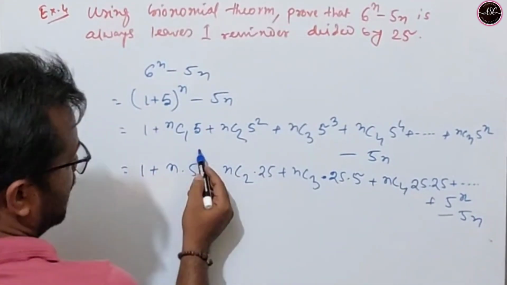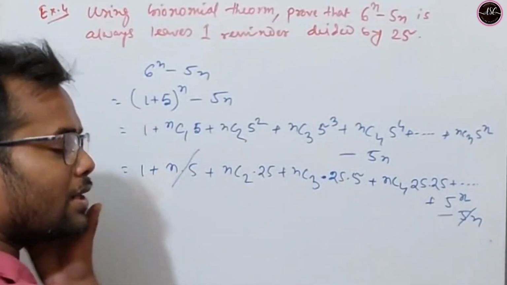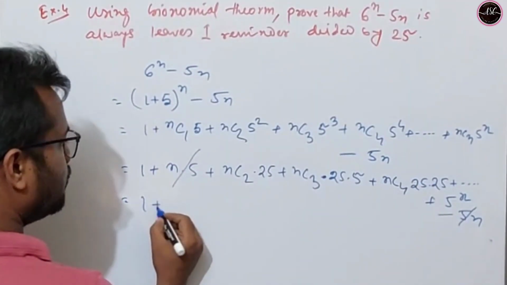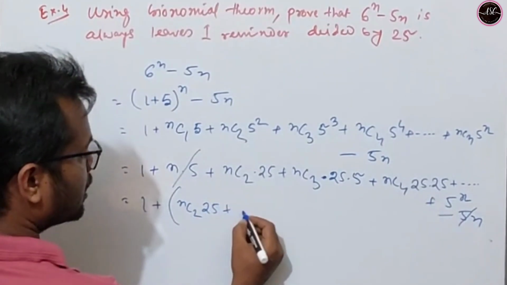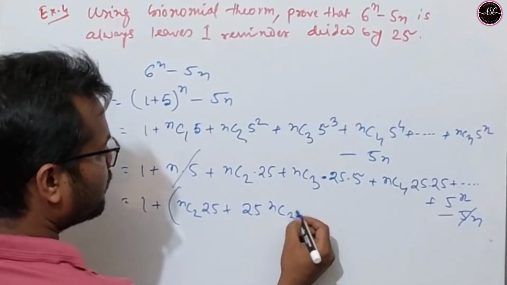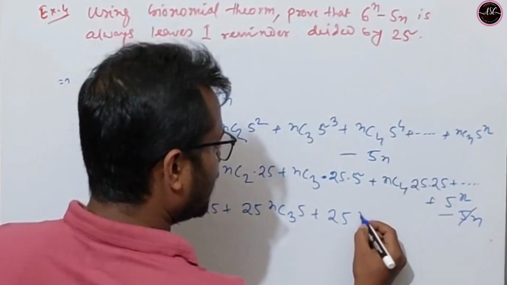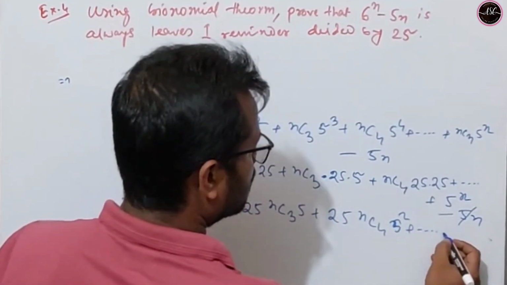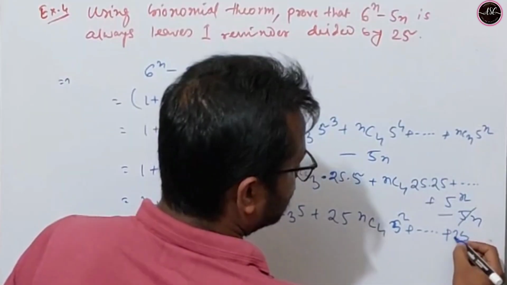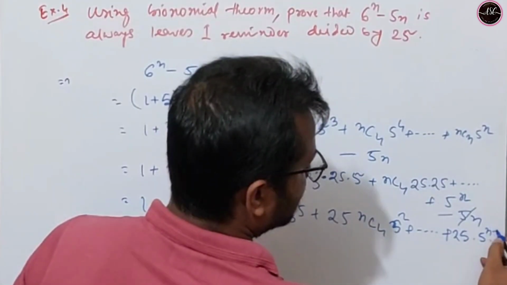So then look, 5n minus 5n will be cancelled out. So we have plus here nc2 25 plus 25 nc3 5 plus 25 nc4 5 square plus dot dot dot dot 25 dot 5 to the power n minus 2.